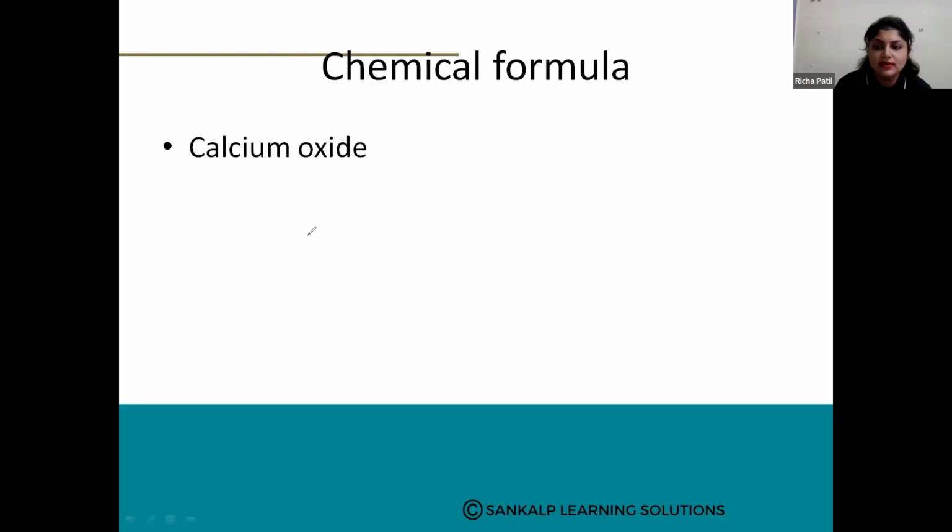Yes. See here, calcium is represented by Ca, oxide is represented by O. What is the charge for calcium? It is +2. Charge for oxygen is -2. So they are similar charges, and there is no need for crisscrossing. +2 and -2 get cancelled off and it becomes CaO, right? So we'll go for the next one.